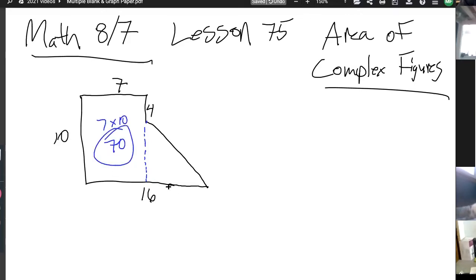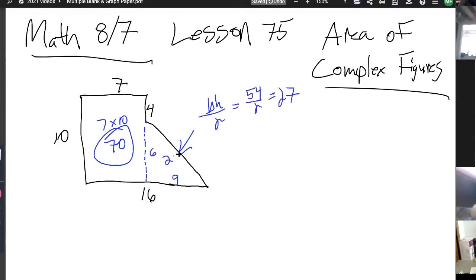And then this guy, let's see, what are the dimensions here? Well, we're going to have to do some subtraction here. If this is 4 and this whole thing is 10, that means this has to be 6. So if this whole thing is 16 and this part is 7, that means this is 9. So then base times height divided by 2 is 54 divided by 2, which is 27.